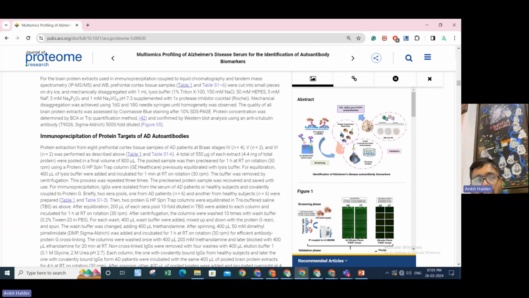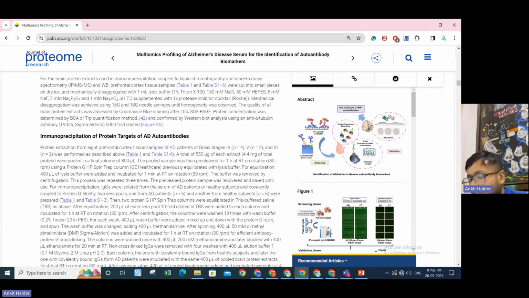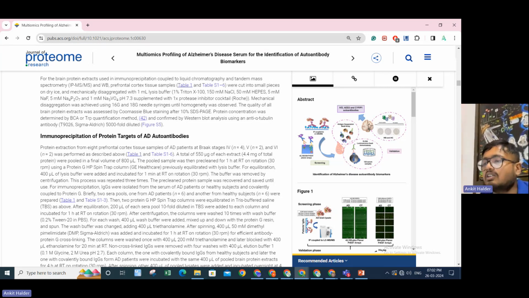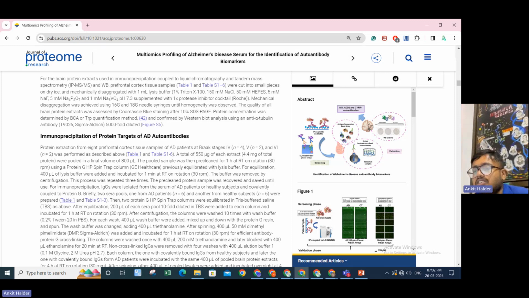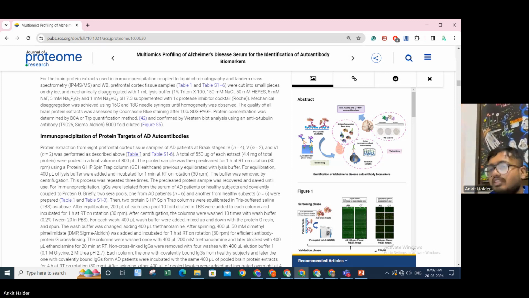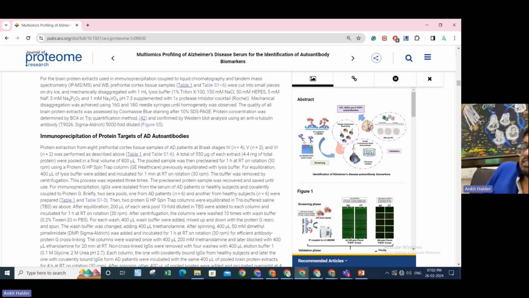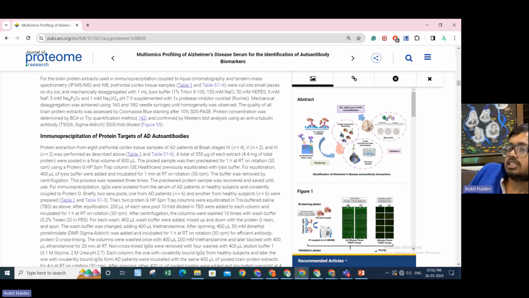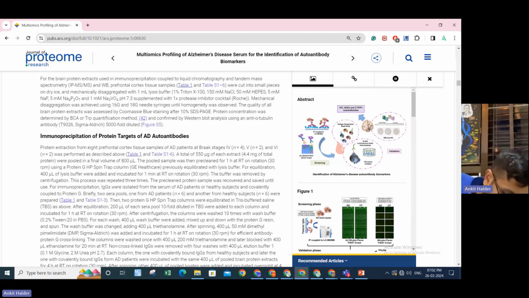After centrifugation, I'll tell the concept after I go through the protocol. Columns are washed 10 times with wash buffer. For each wash, 400 microliter of wash buffer was added, mixed up and down with the protein G resin and then spun.